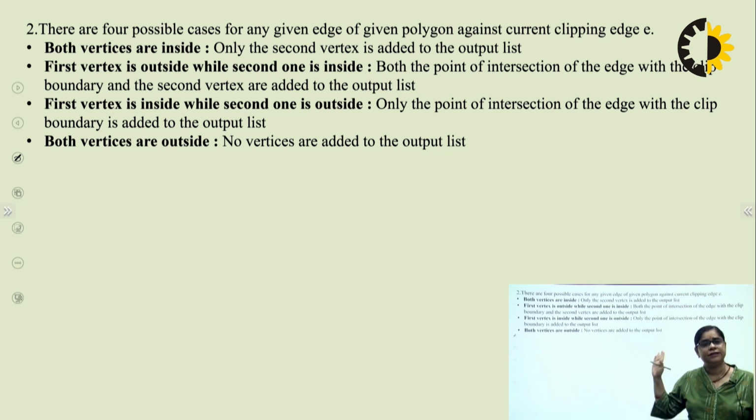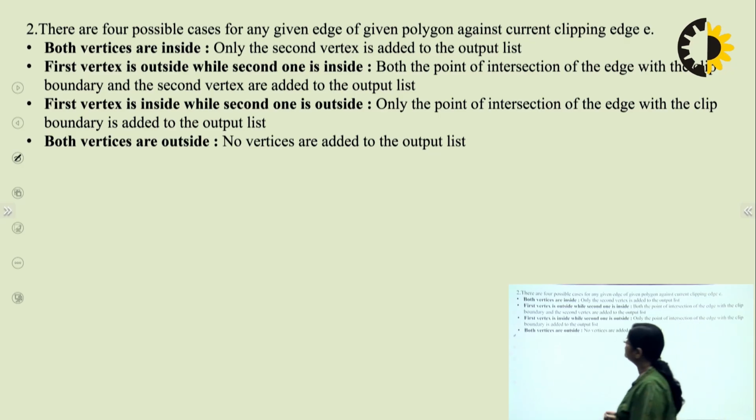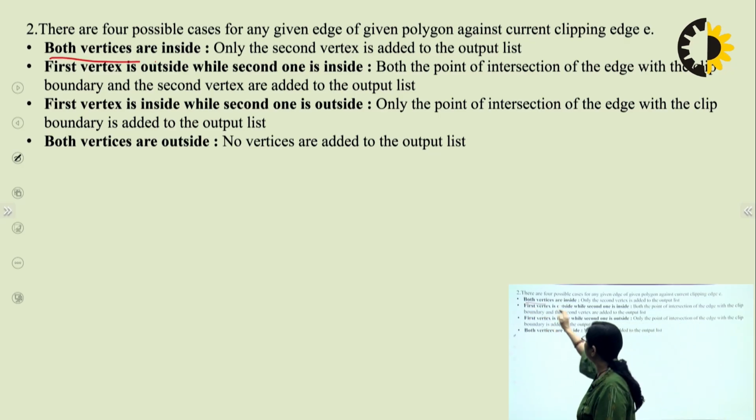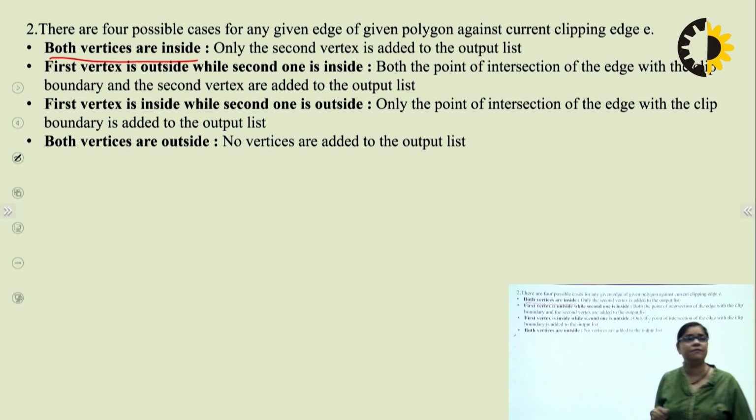According to that previous slide, we have the 4 possible cases for any given edge of the polygon. The first one is that both vertices are outside and inside; it means that only the second vertex is added to the output list. This we are going to understand clearly in my next slide, right?